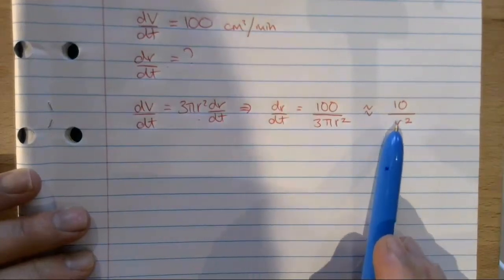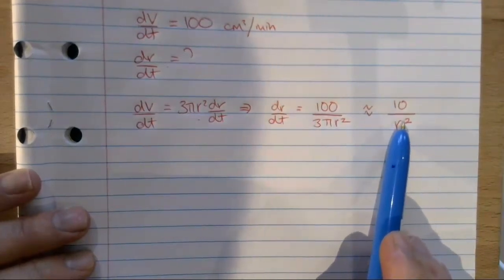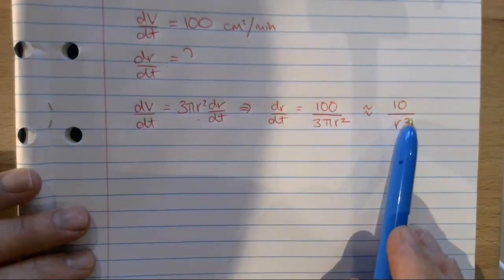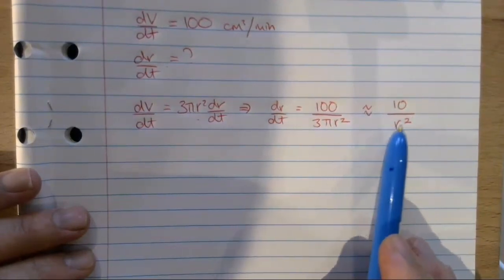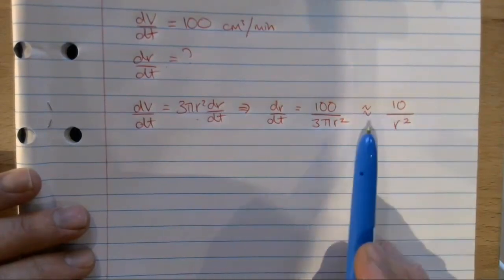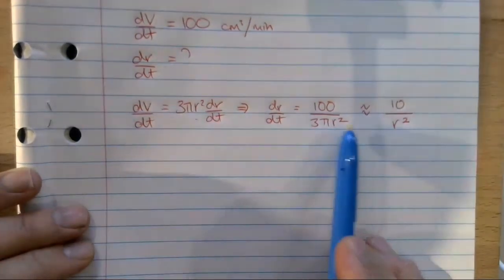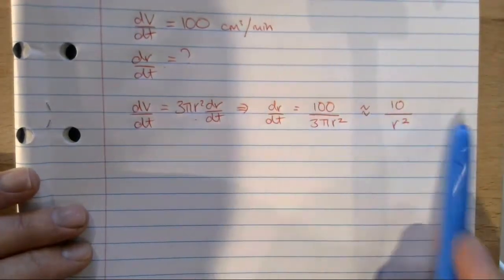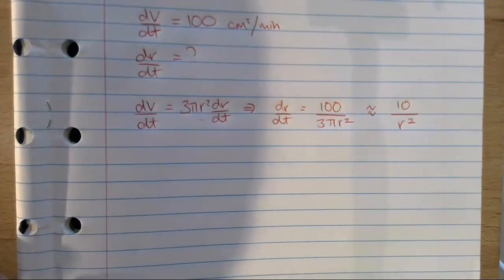But then it actually slows down as the radius increases. So, for example, if the radius is approximately 3, then the rate of change of the radius is going to be roughly 1 centimeter per minute.